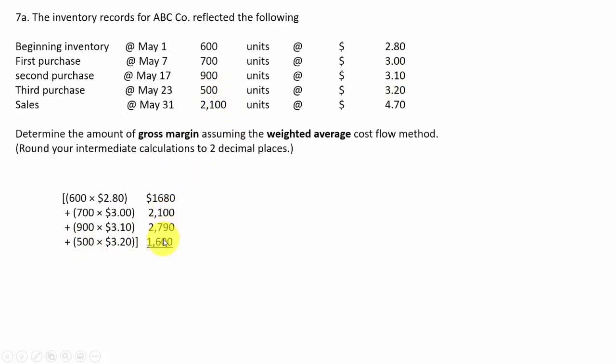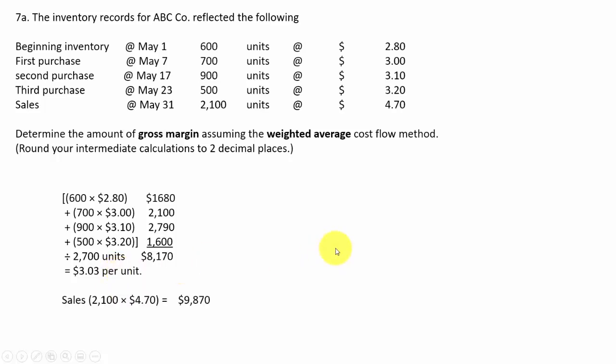So now you've got all the pieces for all the different purchases and beginning inventory. So you have 2,700 units, and they cost a total of $81.70. Divide the $81.70 by the 2,700 units, and you should get a weighted average cost per unit of $3.03.